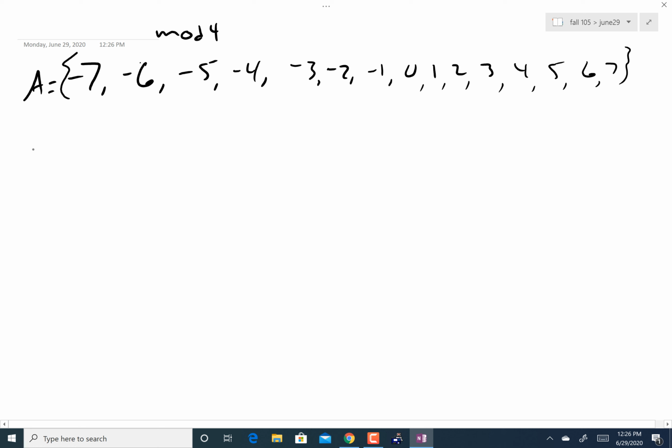Well, again, you could have the remainders 0, 1, 2, 3, and that's it. This would just be 4k. This would be 4k plus 1, 4k plus 2, 4k plus 3. So which of these numbers can be written that way? Well, obviously 0 goes into this one. 4 obviously goes into this one.